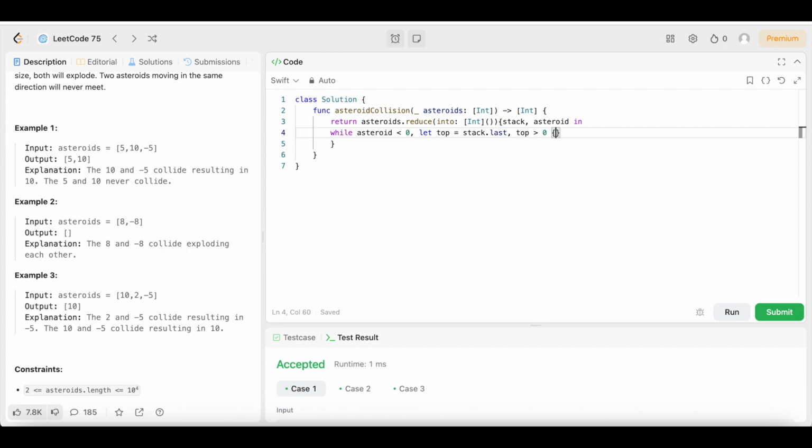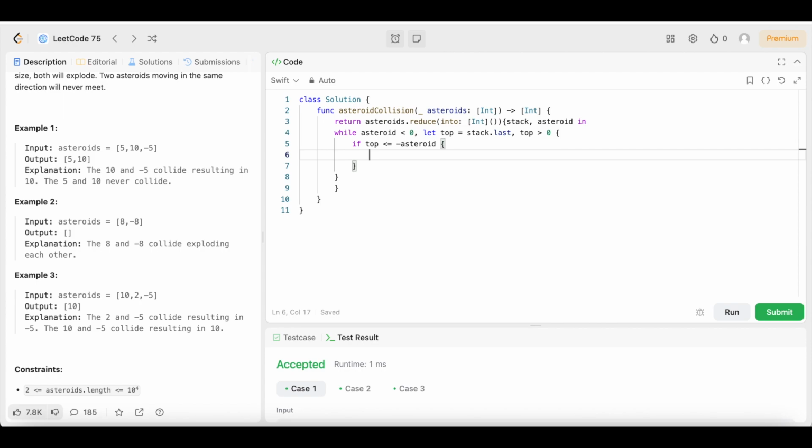Then we're going to open up some more brackets, and we're going to come down here and say if top is less than or equal to the negative asteroid, then we're going to open up some more brackets and say stack dot remove last.